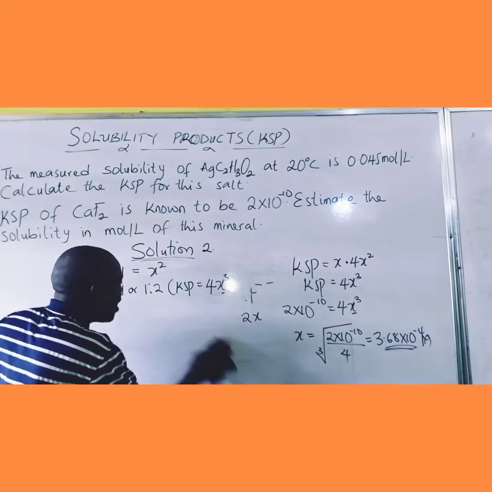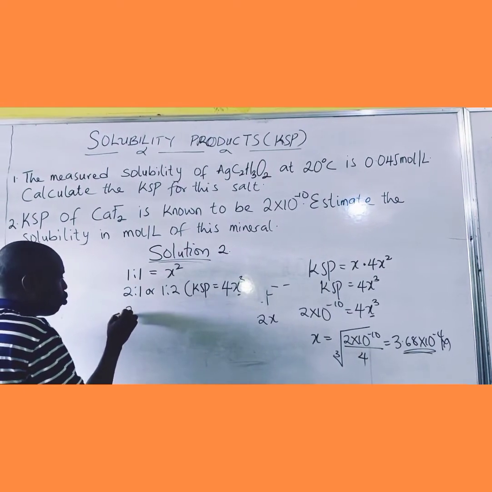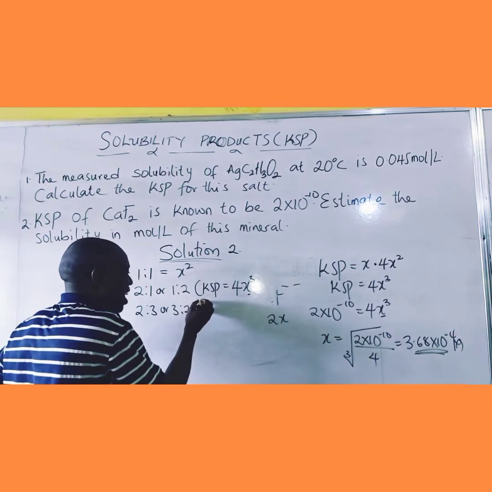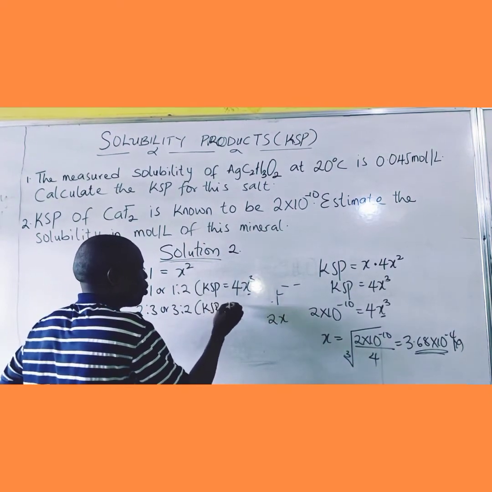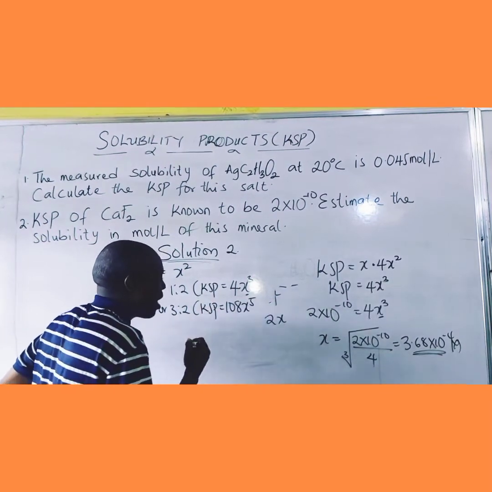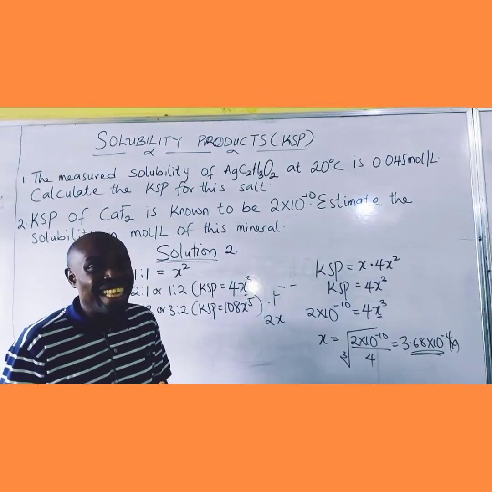When the ratio is 2:3 or 3:2, the Ksp is equal to 108X raised to the power 5. With this shortcut, every question can be analyzed.